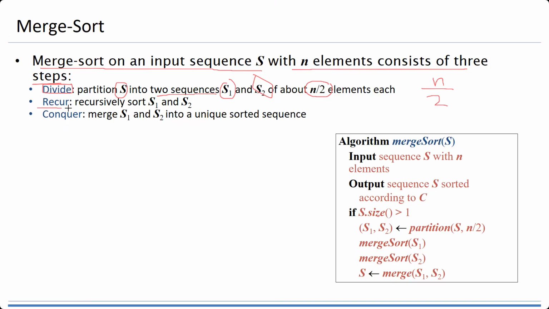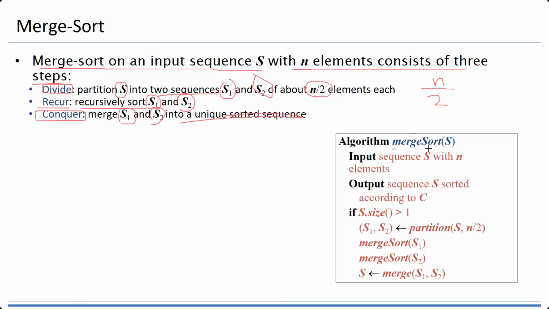And then we recursively sort S1 and S2. And then do the conquer. It means merge S1 and S2 into a unique sorted sequence.